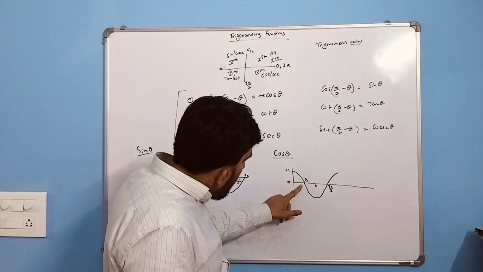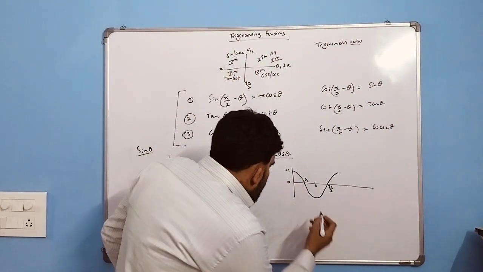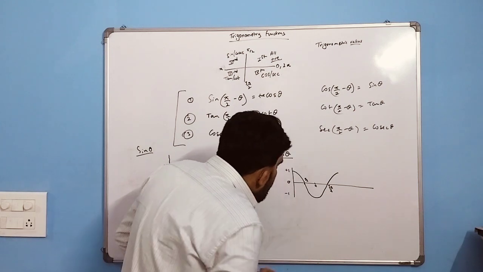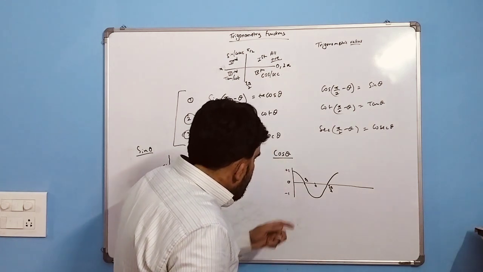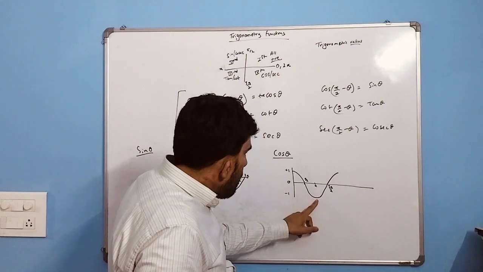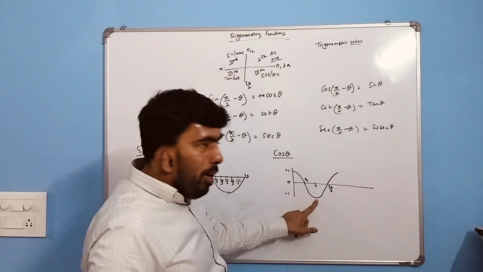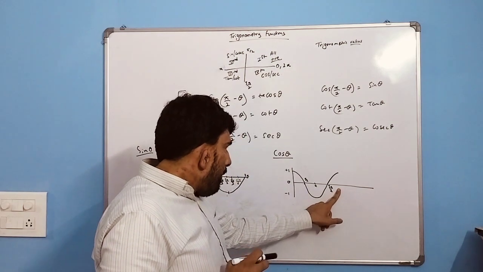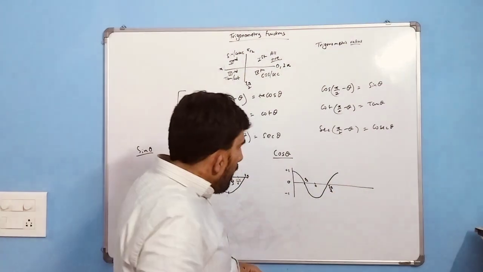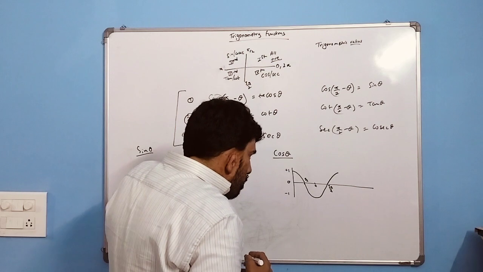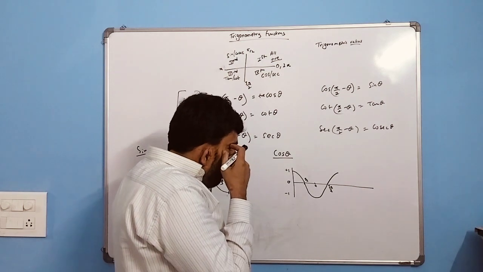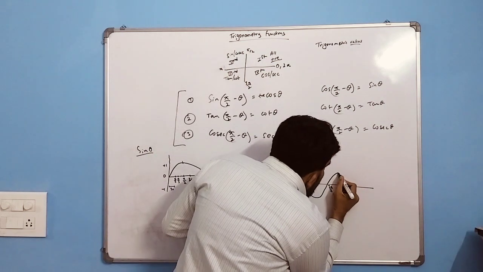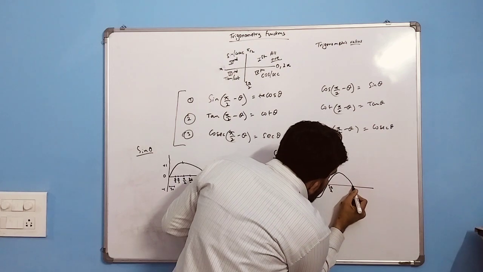So after cos 90, if I move to this one here again, you can see cos 180 will be minus 1, and then cos 270 will be 0, and after reaching this value, now we can move like this.